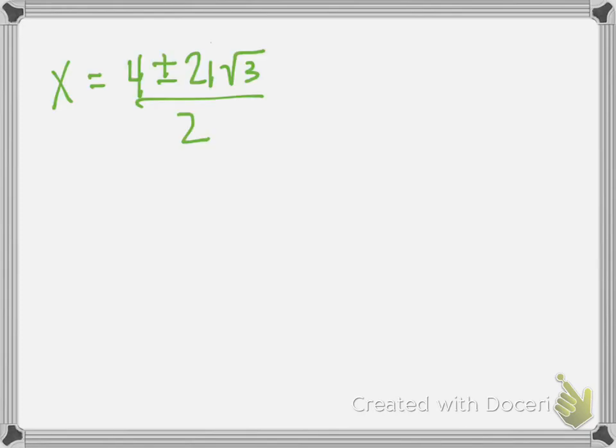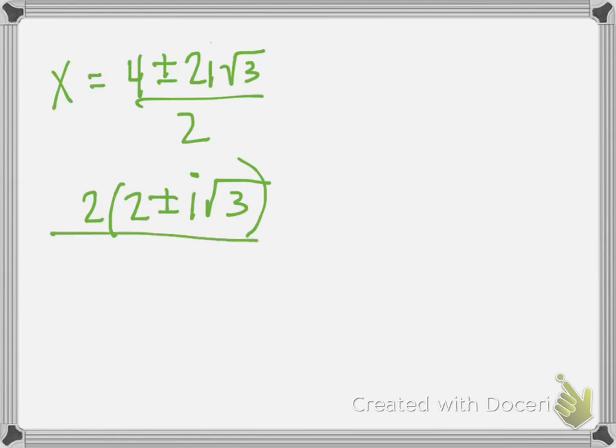There are a couple ways to simplify. One way is you can take the top of the fraction, or the numerator, and you can take a 2 out. So if I factor a 2 out, I'm left with 2 plus or minus i, and I factor the 2 out, so I get a 1 on the bottom.